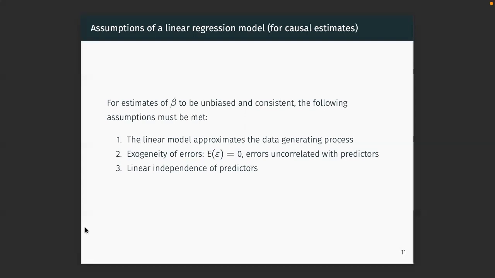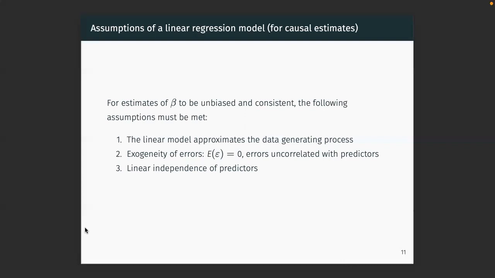Do I have independence of predictors? Absolutely not. These two values are correlated with each other. Right, so the correlation between education and parent income is not equal to 0. I can state that pretty definitively.